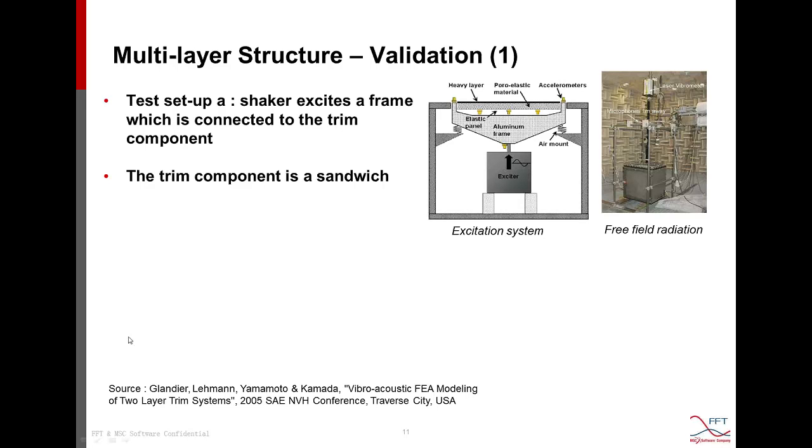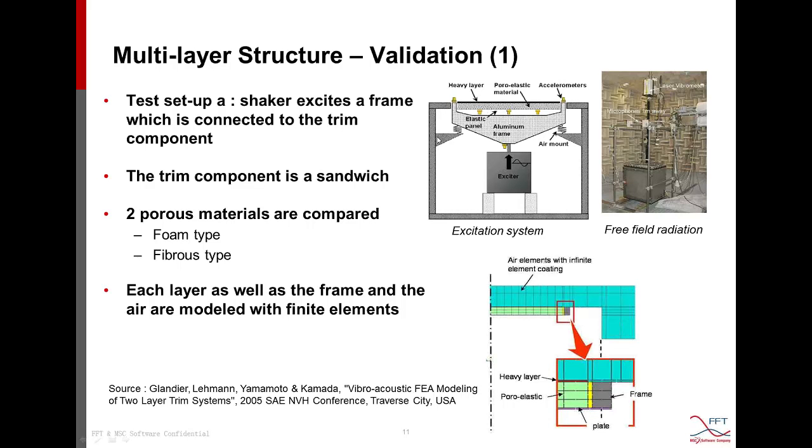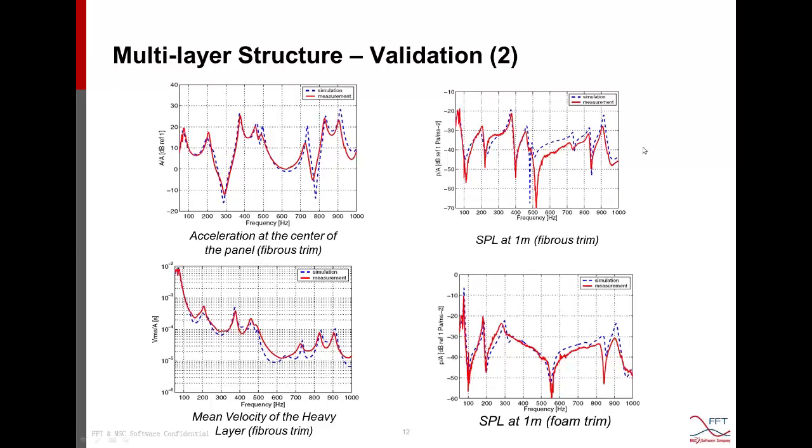So in this test setup, we have our test piece, a sandwich layer, okay, including two plates sandwiching a porous material. Okay, and this multi-layer structure is excited by this shaker, and it vibrates and radiates acoustics into this anechoic room.